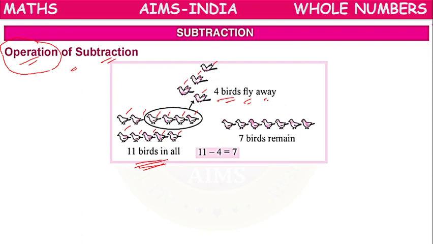Now how many birds are remaining? 1, 2, 3, 4, 5, 6, 7. 7 birds will remain. So 11 minus 4 results in 7. So this is called subtraction.